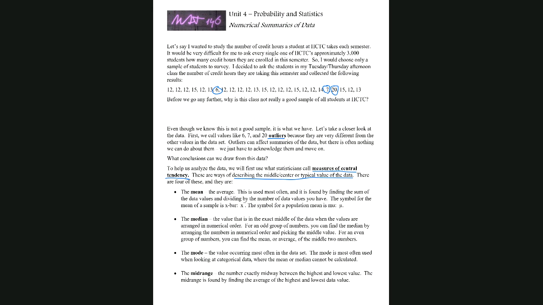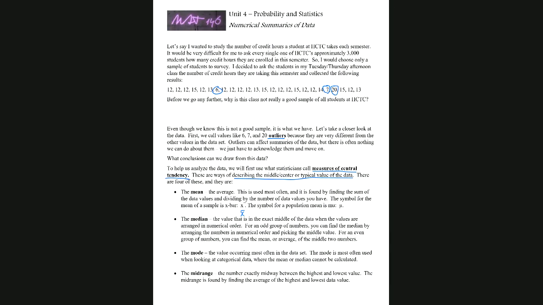My little graphic is messed up there. I'm going to see if I can fix it, but that's usually what we say, x bar. And the symbol for the population mean is a Greek letter, mu. Now we're going to be talking about samples mostly, so we're going to be looking at the sample mean.